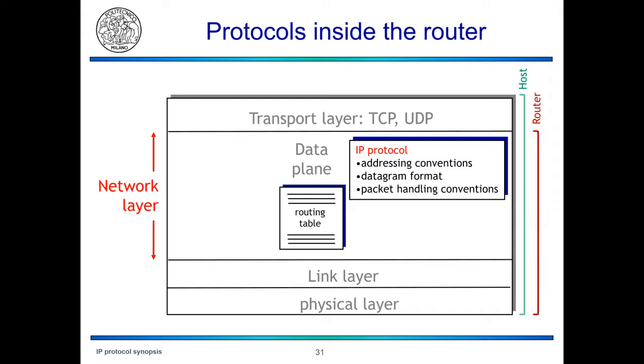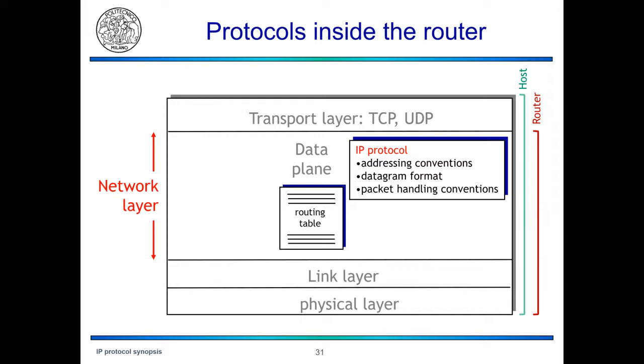The routing table tells the router what decision to take in order to forward the packet that is going to a certain destination, sending it to the correct output. And this is the basic function of the IP protocol. The IP protocol is the protocol implemented in the router at the network layer that is acting on the data plane, because it is needed for handling data packets.